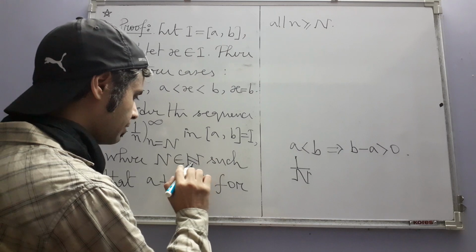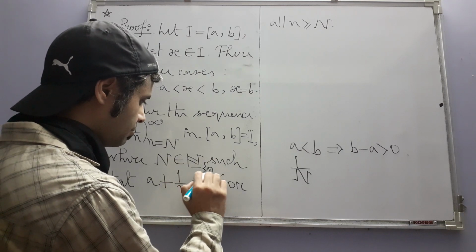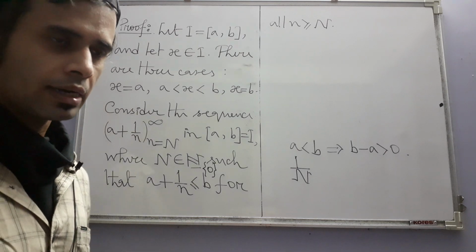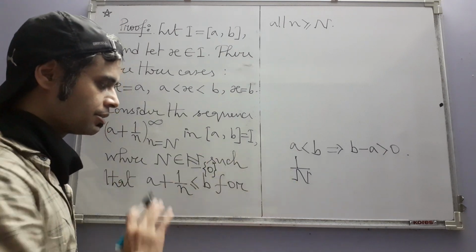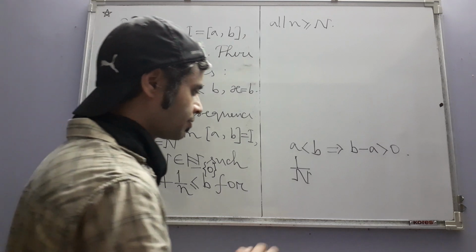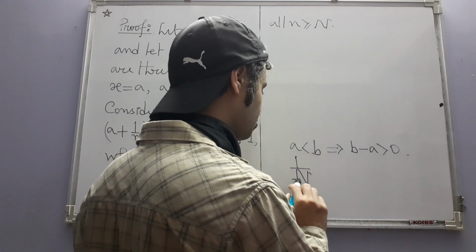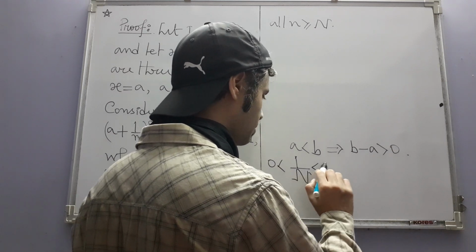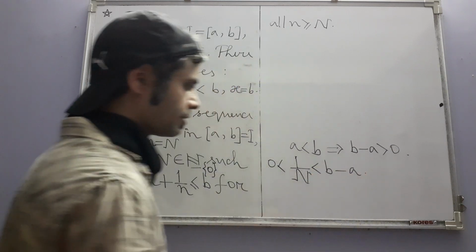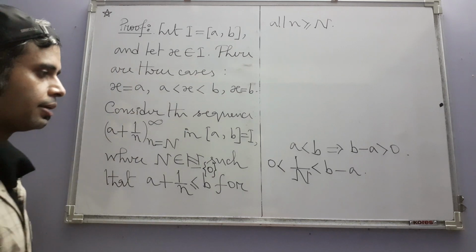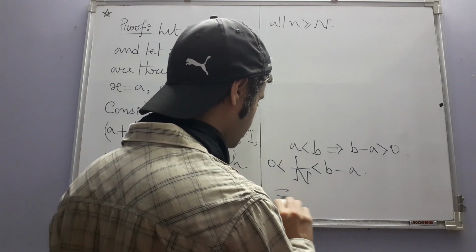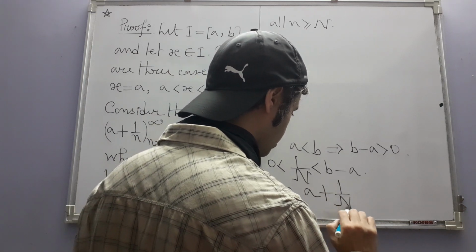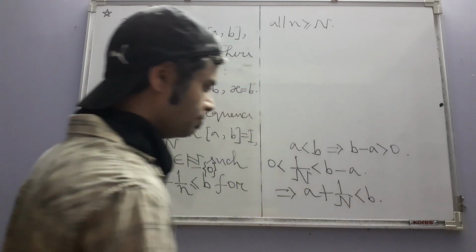So you can assume this n to be coming from the set of all positive integers. We are just removing 0 from the set of natural numbers. So there is a large enough positive integer N such that 1 over N will be less than B minus A. But then what are we getting? This implies A plus 1 over N is less than B.